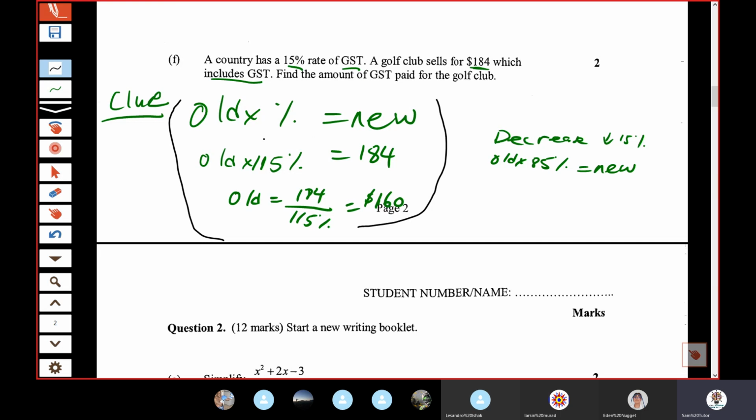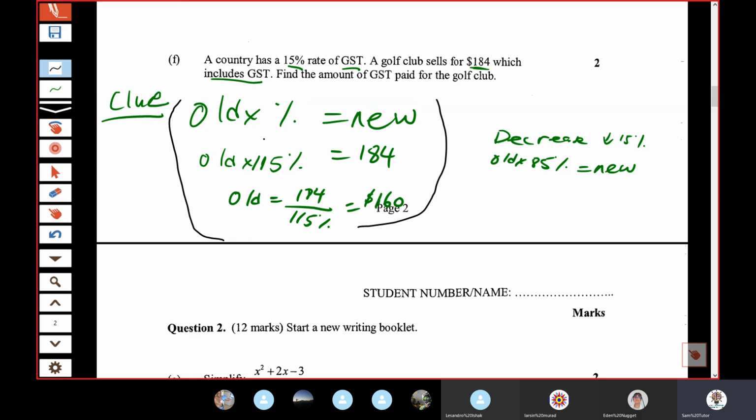You would have naturally, if I told you, hey, that calculator you bought for $10, you need to increase it by 15%, you would say, okay, that's 10 times 115%. That gives you a new price. Unless the way you've always done it has been 10 times 15% and then you add it on top. If you bought a calculator for $10, increase it by 15%, how would you have done it?